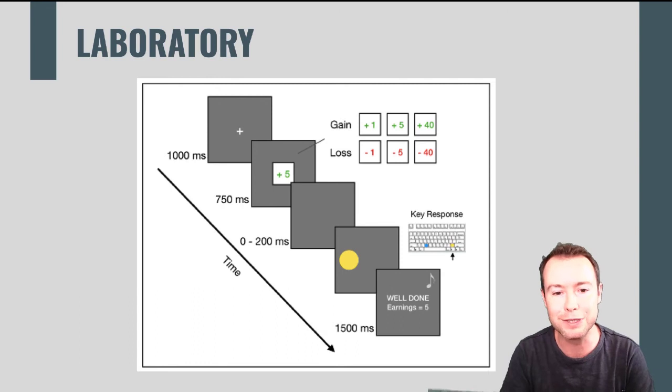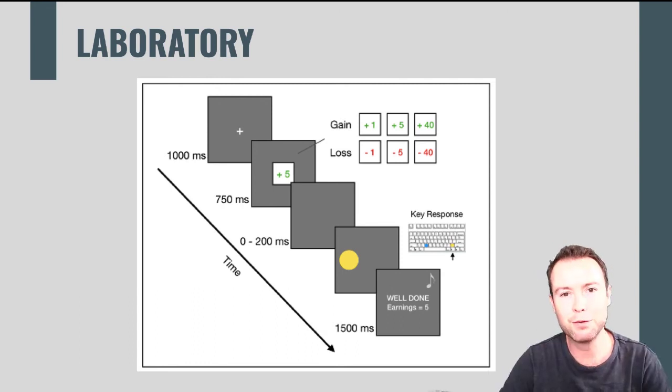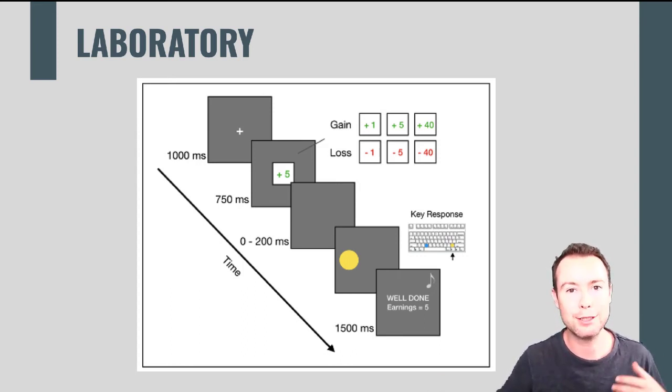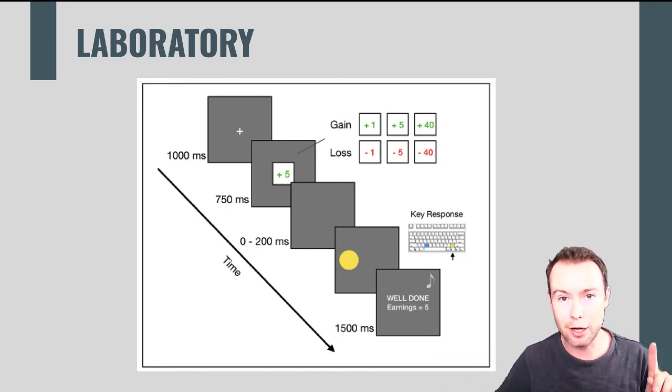Now when I say faster, we're looking at a difference of sort of 20, 30, 40 milliseconds. So it's small differences. The location of the target is a dimension that for us is irrelevant. If we see a blue circle, it shouldn't matter whether it's appearing on the left or the right hand side of the screen. Our only job is to press that correct button with our left index finger.